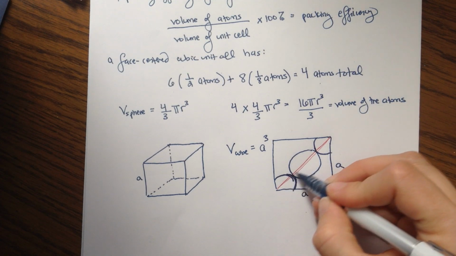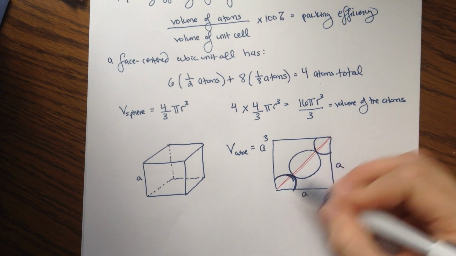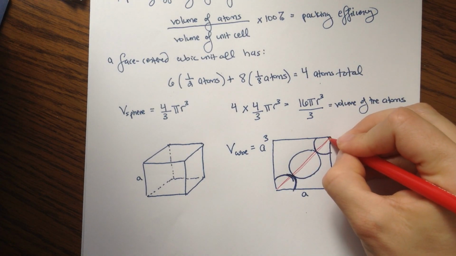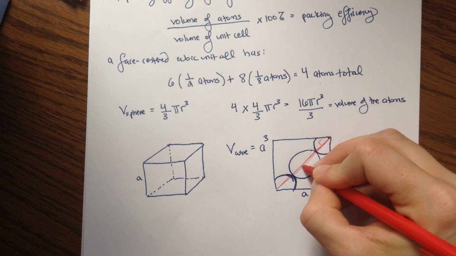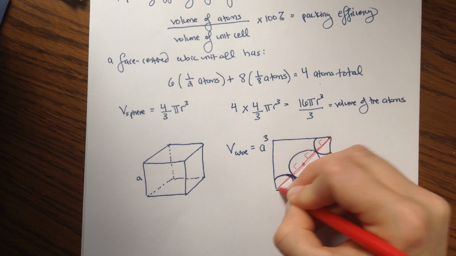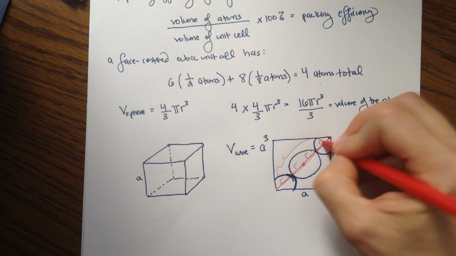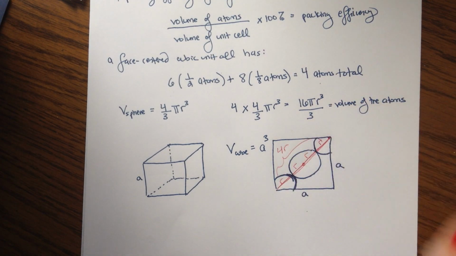So if I wanted to say something about this line in terms of the radius that it's passing through, from this point to this point, that's R. This point to this point is R, R, and R. So this whole side here, this whole hypotenuse that I've constructed of this triangle, can be thought of as 4R.